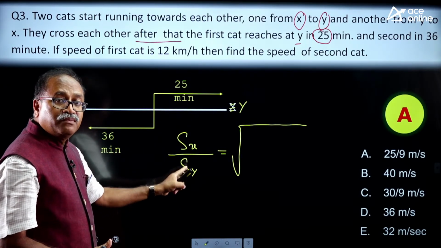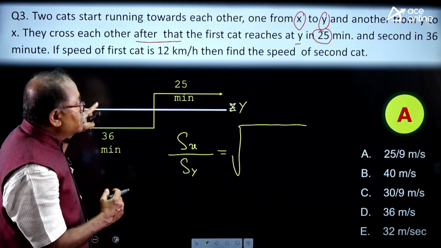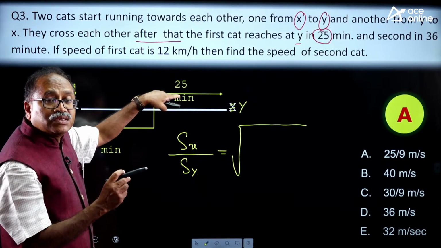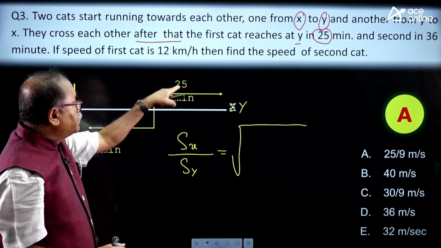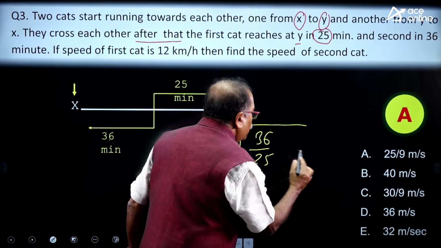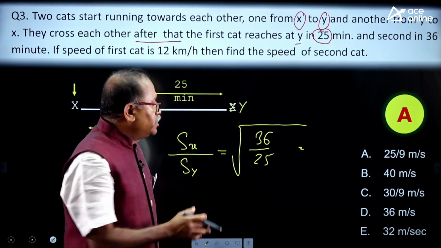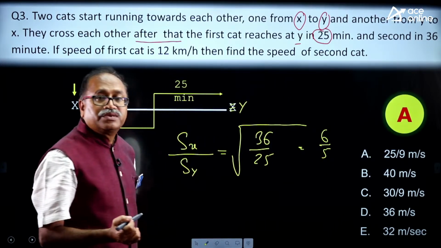That means 36 by 25. In other words, the ratio is 6:5. That's what the speed ratio is.